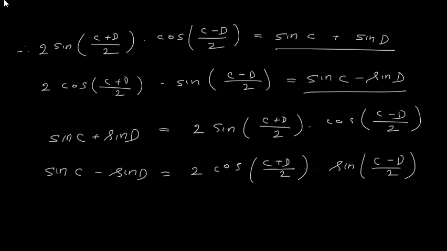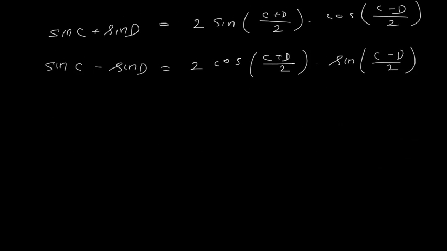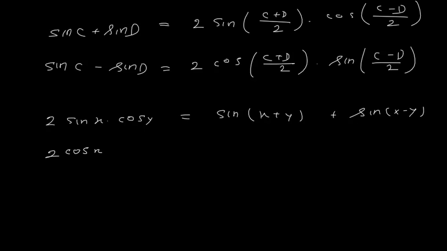This is factorization formula, and for defactorization formula means already it is in factor form, we are removing that factor form. So for that we have formula of 2 sin x into cos y as sin (x plus y) plus sin (x minus y), and 2 of cos x into sin y, we have sin of (x plus y) minus sin of (x minus y).